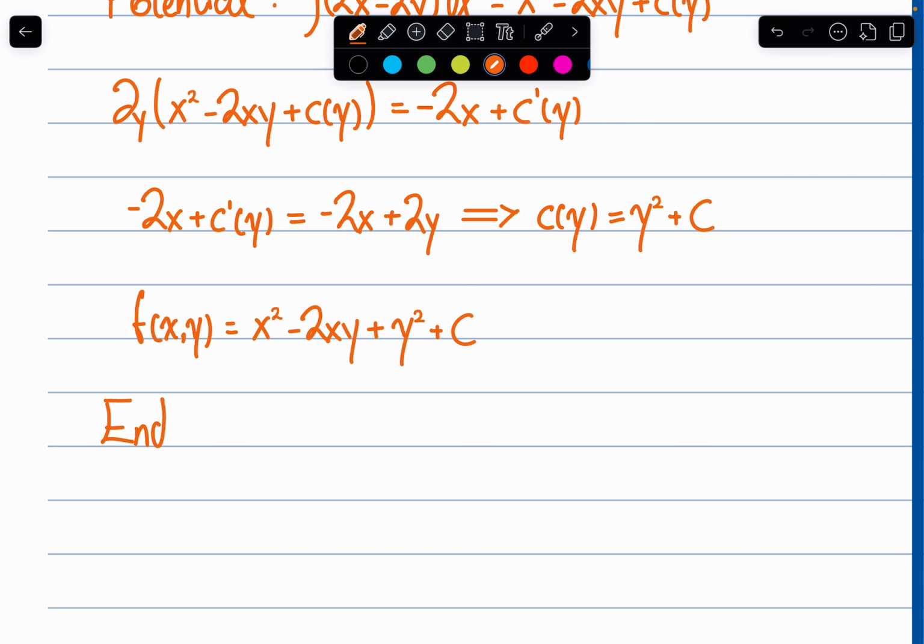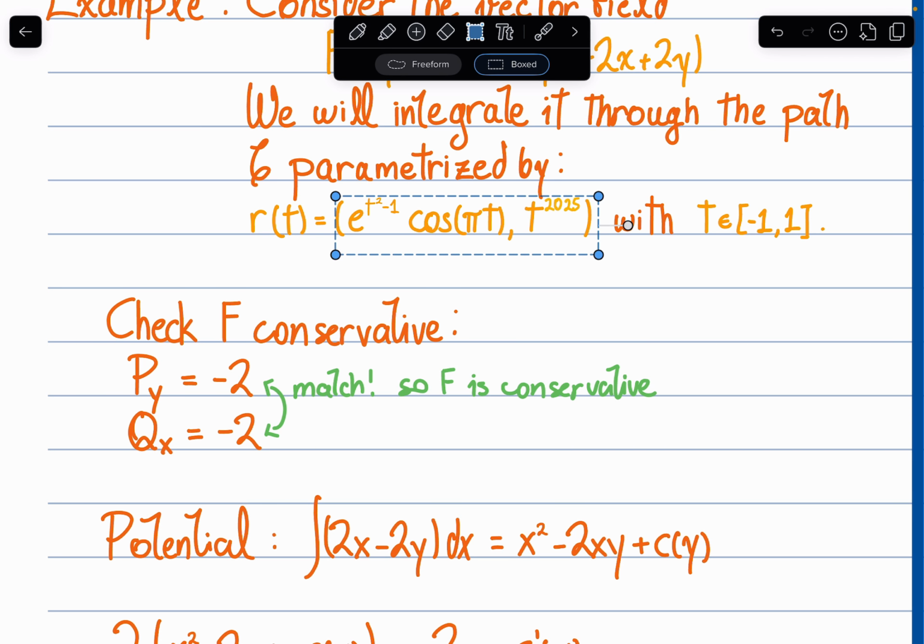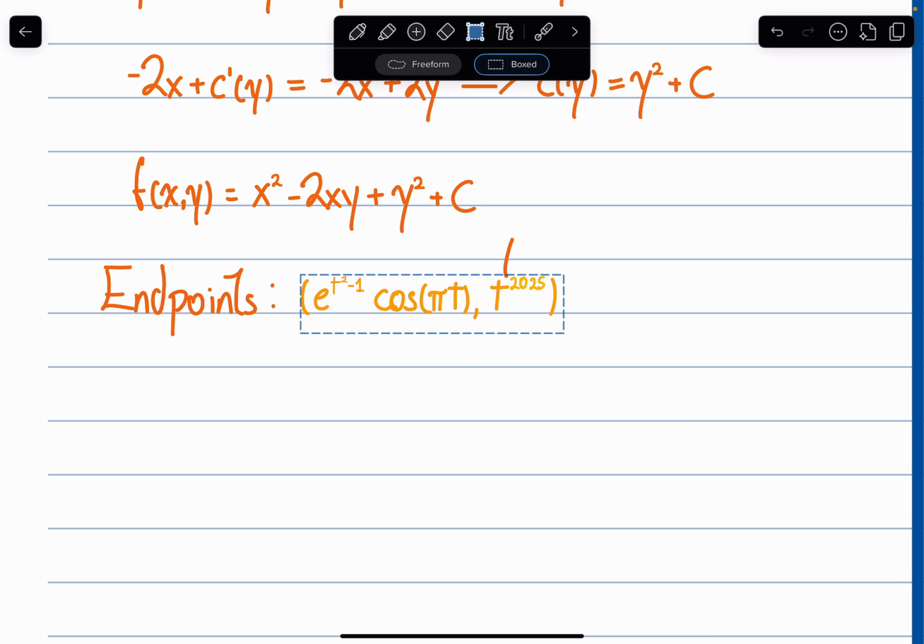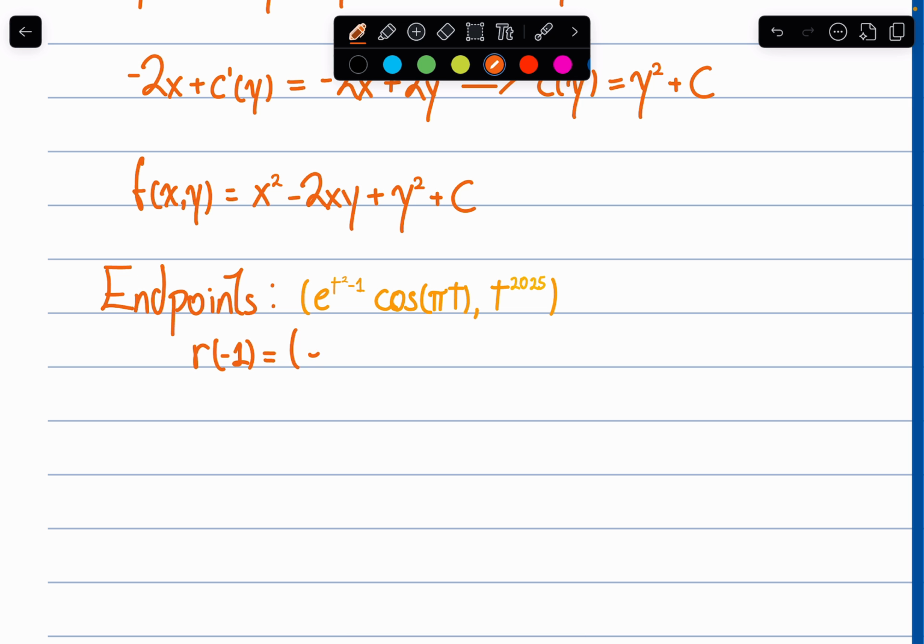The endpoints of the path are what are left. If we do not recall what the values of the trigonometric function are at pi and minus pi, it helps to draw the function itself.